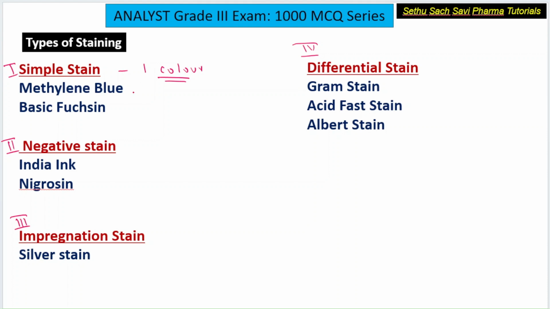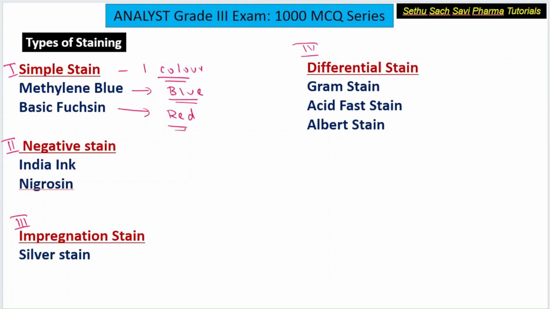For example, if you use a dye like methylene blue, the bacteria would be blue in color. If you take basic fuchsin, the bacteria would be red. Methylene blue will give blue color to the bacteria, and basic fuchsin will give red color. So these are the dyes which are examples of simple staining.